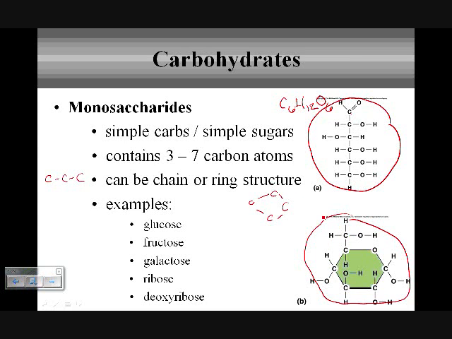However, if we look down here, we again have C6, H12, O6. This is also glucose, two different forms of glucose. This is what we refer to as isomers.